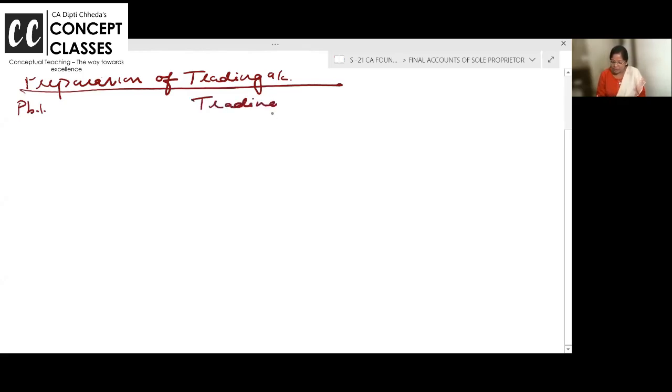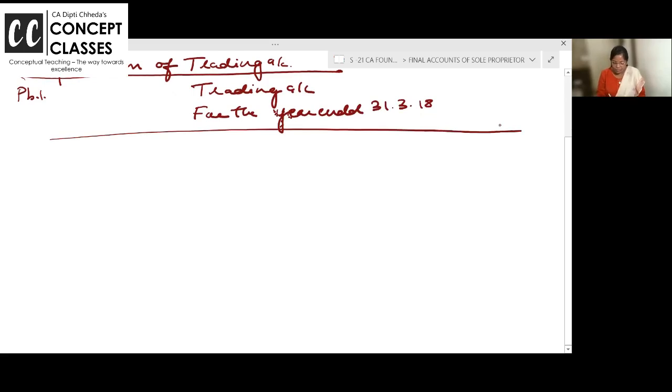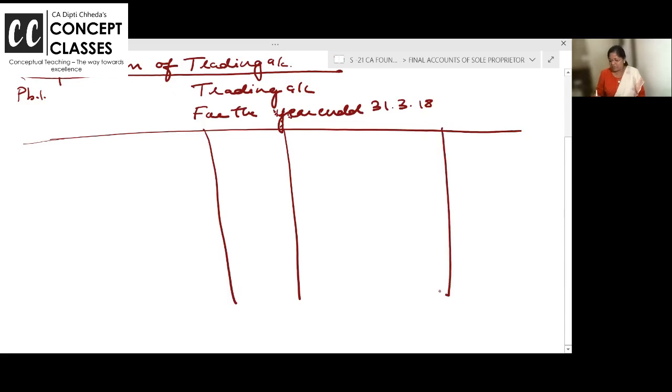Write down in the middle: trading account for the year ended 31st March 18. It's T format: particulars, amount, particulars, amount. Do the scaling, please. When you do the scaling, you will love to revise from your own book next time. And let us start.